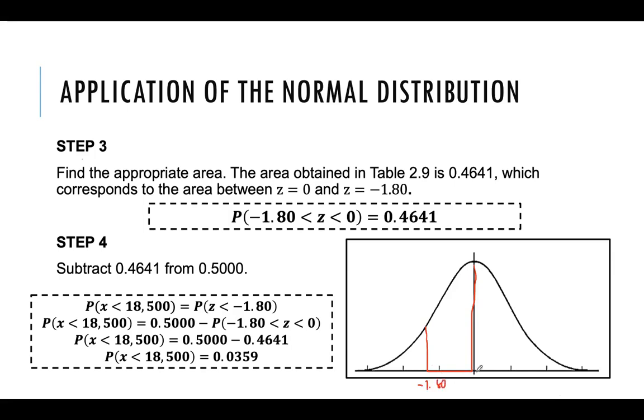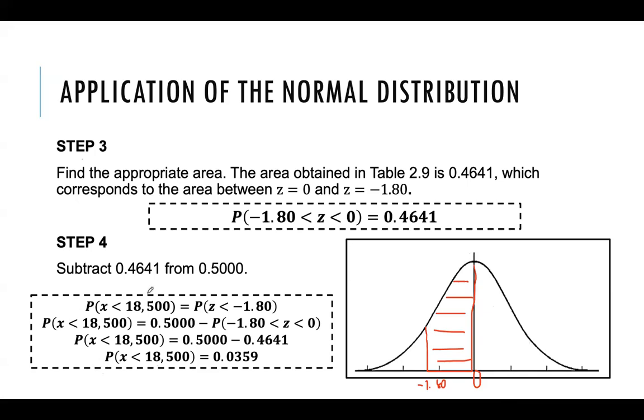So we have to subtract 0.4641 from 0.5000, because it is half of the Gaussian curve.